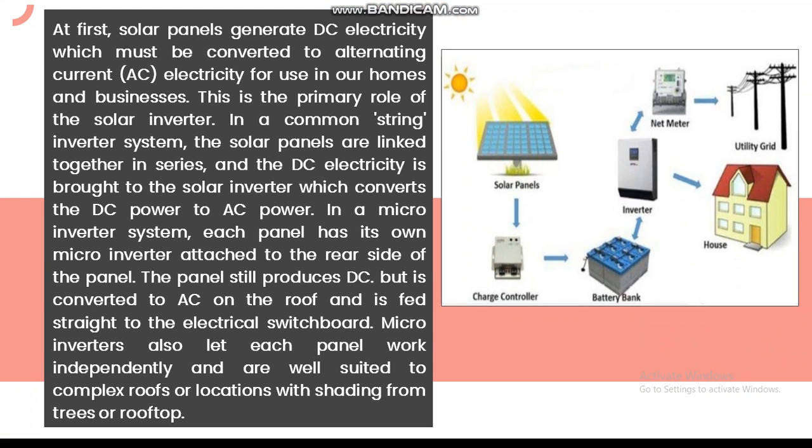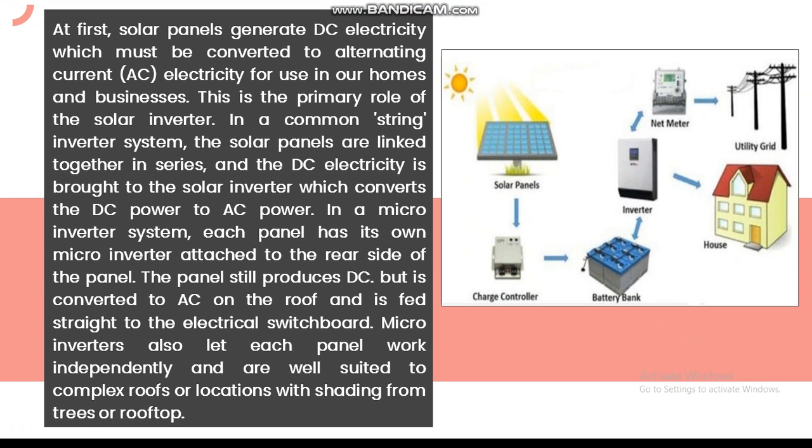At first, solar panels generate DC electricity which must be converted to alternating current AC electricity for use in our homes and business. This is the primary role of the solar inverter. In a common string inverter system, the solar panels are linked together in series, and the DC electricity is brought to the solar inverter, which converts the DC power to AC power.